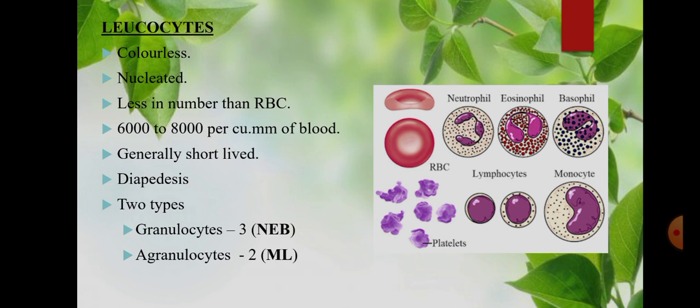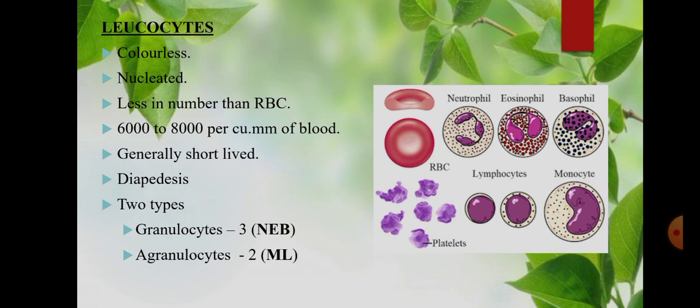Same thing here. In order to create an inflammation in the body, the WBC will enter the walls of the capillaries. Like in an amoeboid fashion, it will squeeze into the walls of the capillaries. That process is called diapedesis.